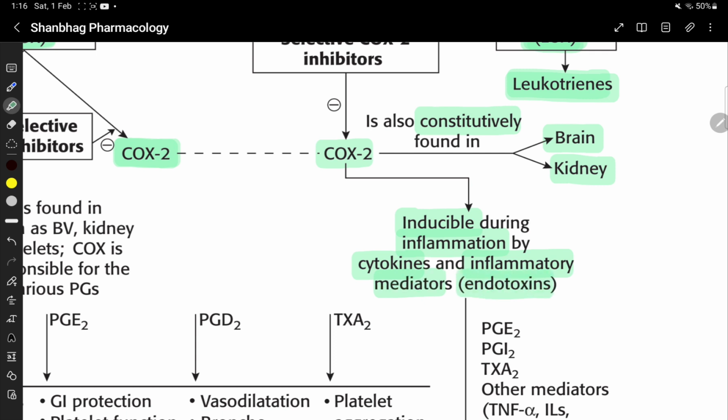So COX-2 is of two types: it can be inducible, induced during inflammation by cytokines and inflammatory mediators like endotoxin, or it is constitutively found in brain and kidney.